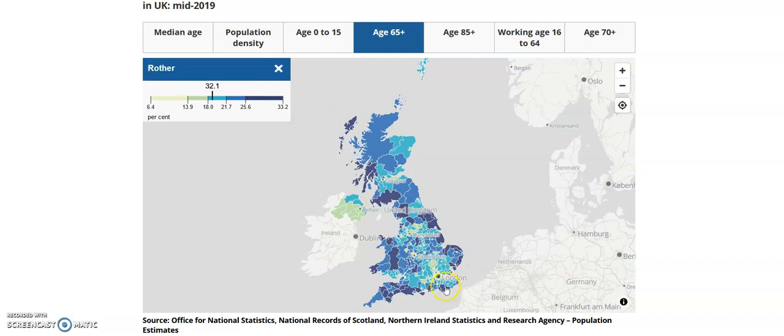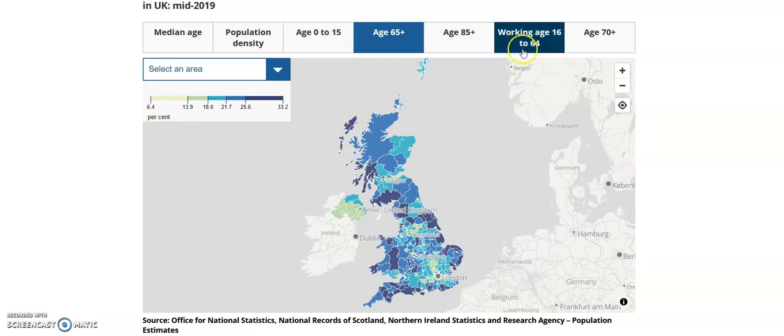If we go to London, different counties, they show you how different counties are, but in London overall you see it's more of a lighter color, so it means lower percentage.